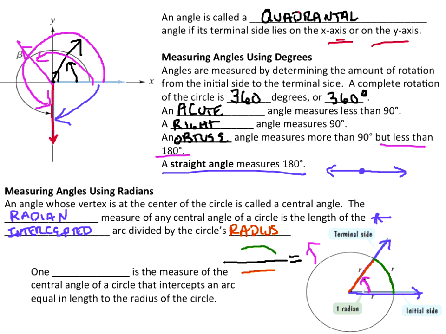Pi, although we estimate it at 3.14, is given by the circumference of a circle divided by its diameter. It does not matter what circle you do this with. You could take a coffee can and measure around the outside of it and divide that length by the diameter of the circle, and you're always going to come up with pi.